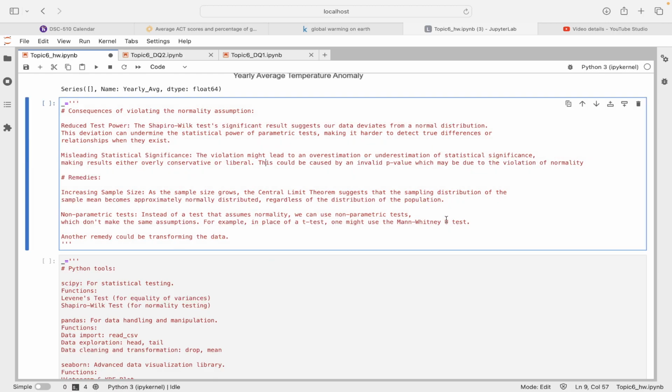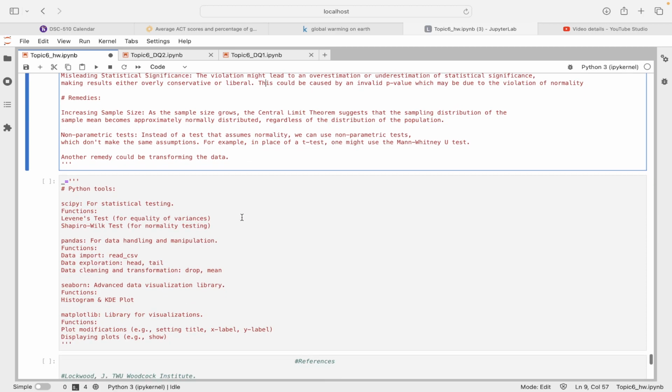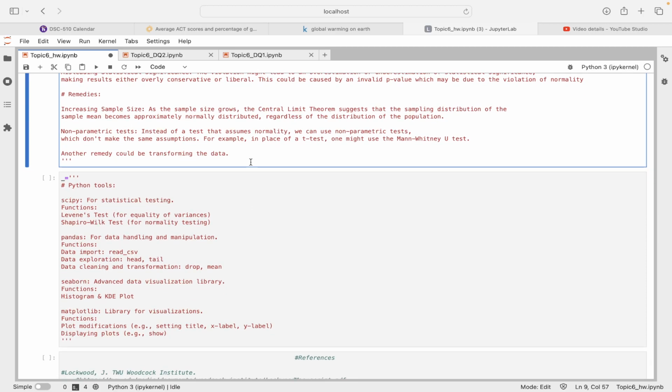Some remedies for these violations are increasing the sample size, which in turn helps the central limit theorem, which suggests that the sampling distribution of the sample mean becomes normally distributed when increasing the sample size, or using non-parametric tests such as the Mann-Whitney test, which is more robust against the normality assumption. Another remedy that is always useful is transforming the data, which sometimes makes it harder to interpret.